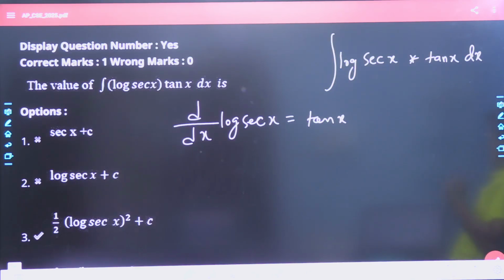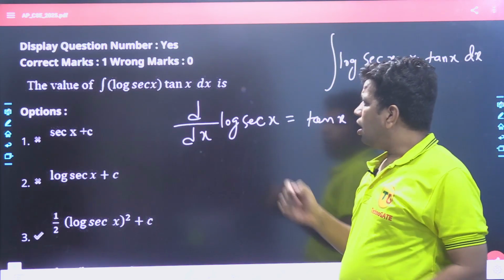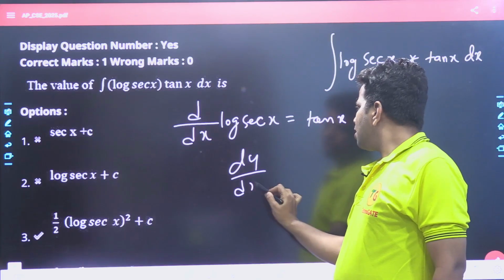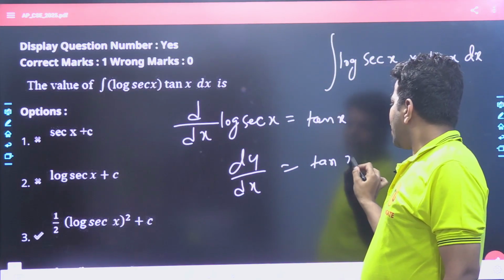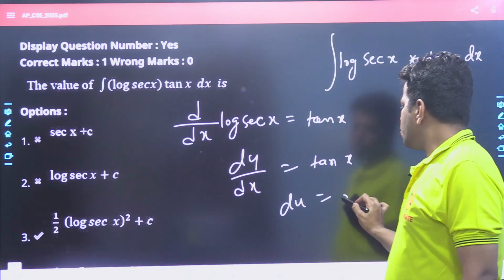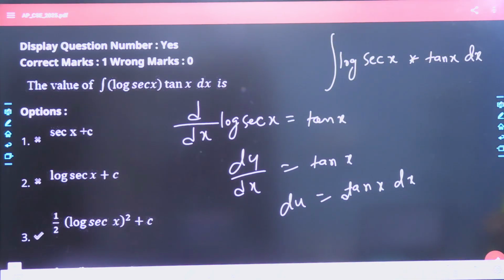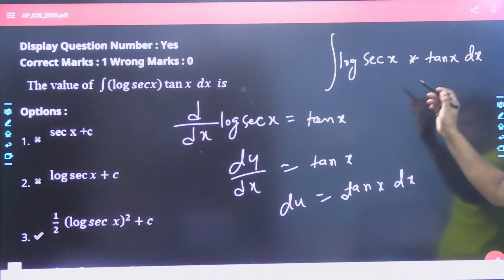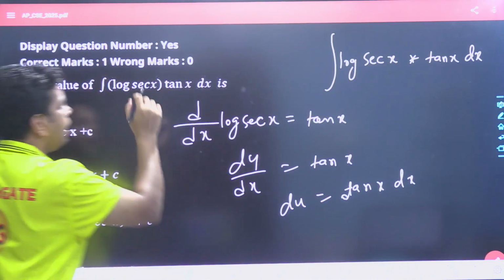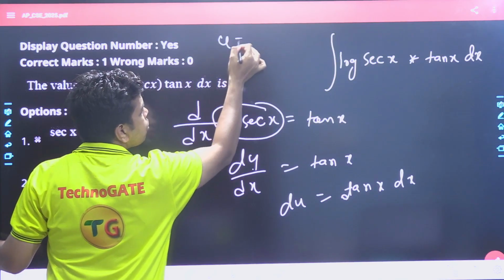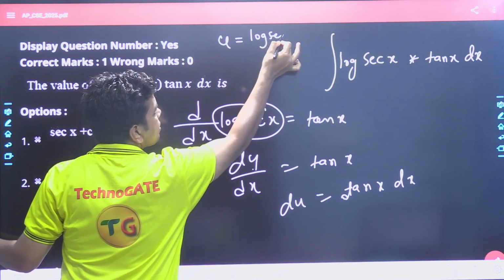So just assume that this value becomes u, so du by dx is equal to tan x. So du is equal to tan x dx. Now see, in place of that we put u, so u is equal to log sec x.